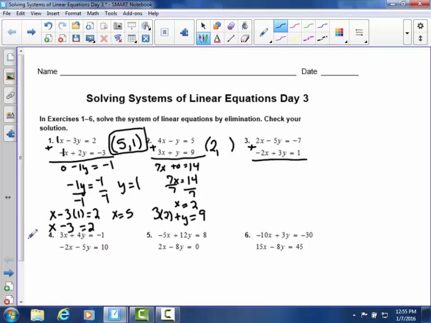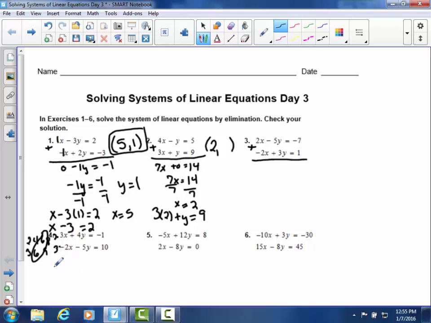The multiples of 2 are 2, 4, 6, 8, and so on. And 3 is 3, 6, 9, and so on. So I see that 6 is the common multiple. So I want this to change into a 6. To change a 3 into the 6, I've got to multiply by 2. And to change the 2 into a 6, I've got to multiply by 3.